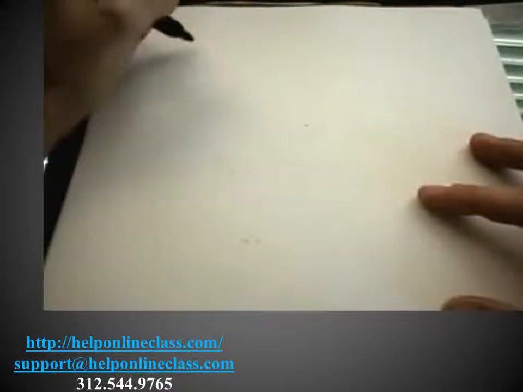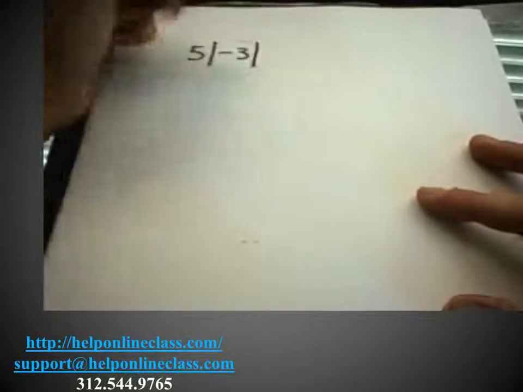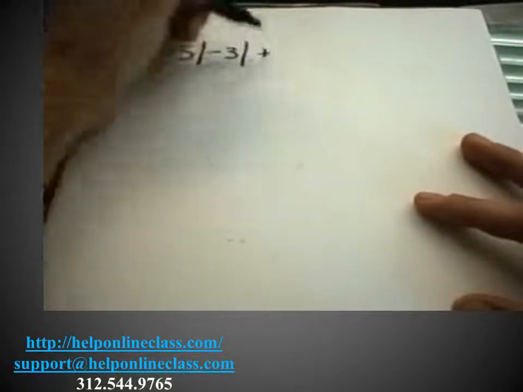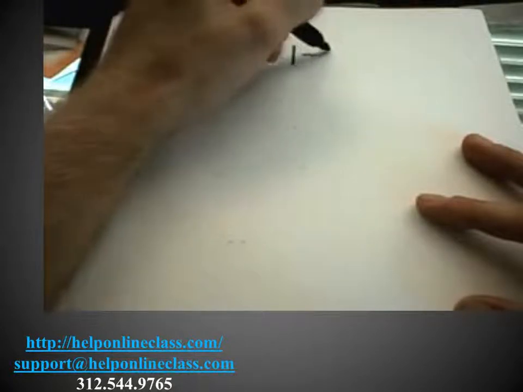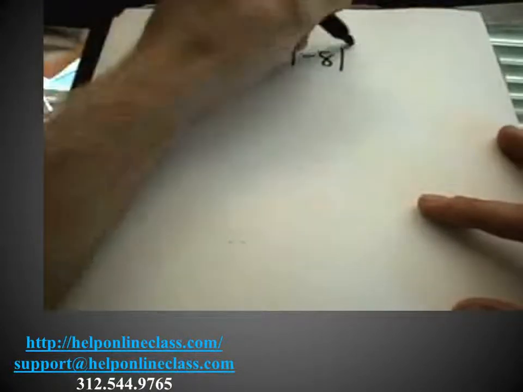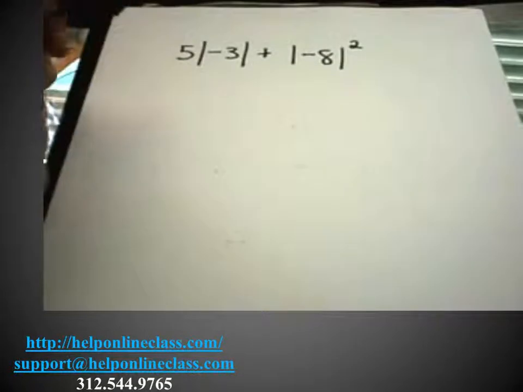Let's do a few more examples here of absolute value. Suppose I have 5 times the absolute value of -3 plus negative absolute value of -8 squared.